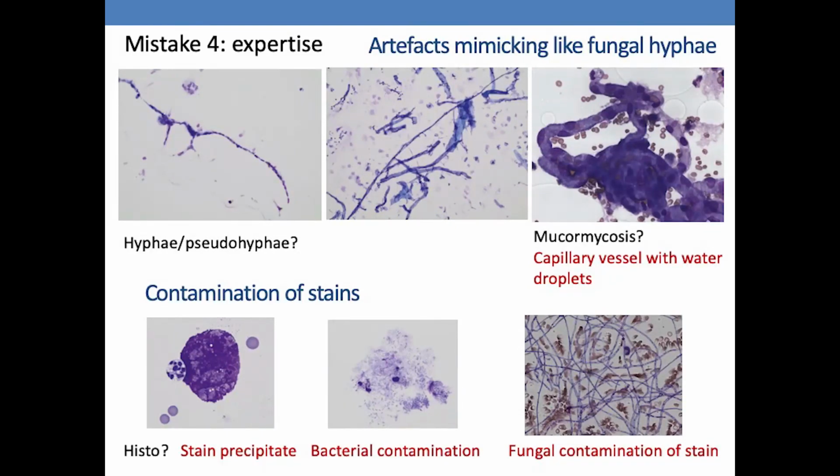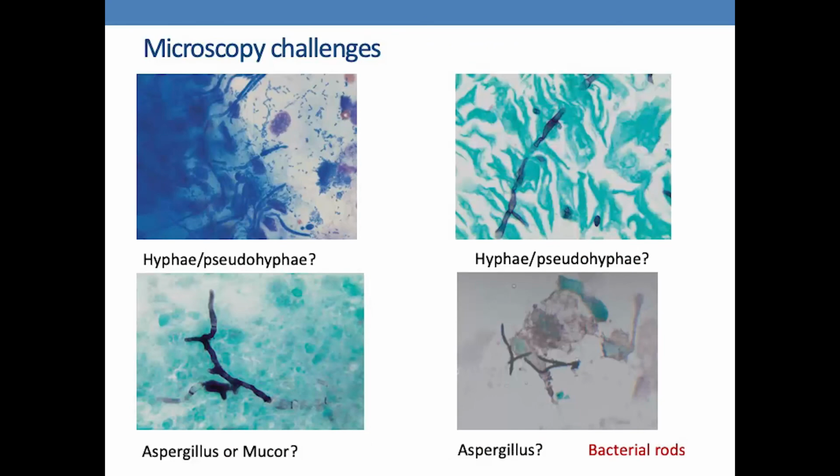Now this is fungus, at least you will say. But you know, sometimes your stain is contaminated. So you can see both hyphae, spores, a lot of things which can make you make a mistake. So this is fungal contamination of the stain. Again coming back, hyphae, pseudo-hyphae.